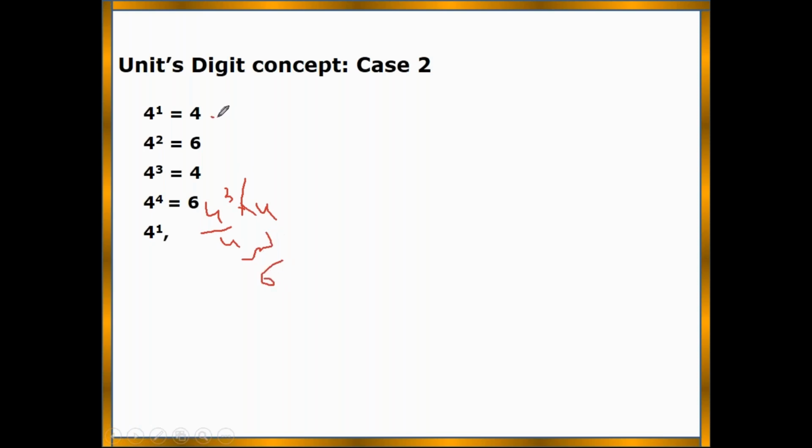So what do you observe? 4 power 1 gives 4, 4 power 3 gives 4, 4 power 5 is also 4. Nothing but 4 power 1, 4 power 3, 4 power 5, alternate powers.